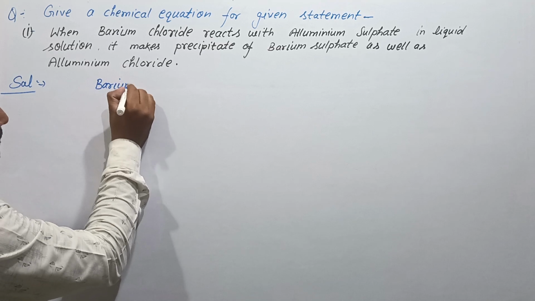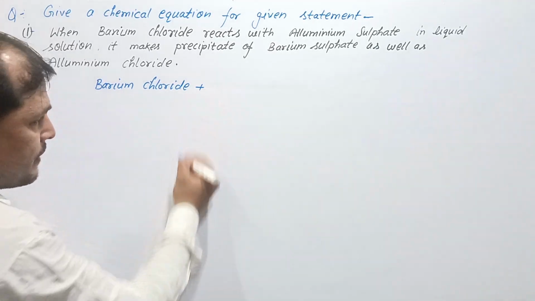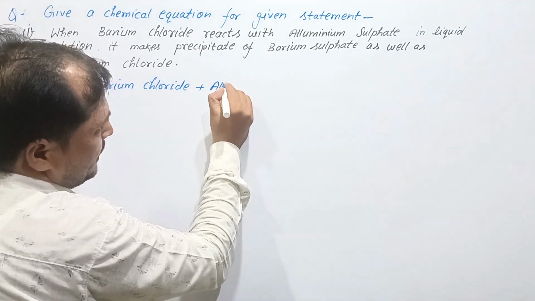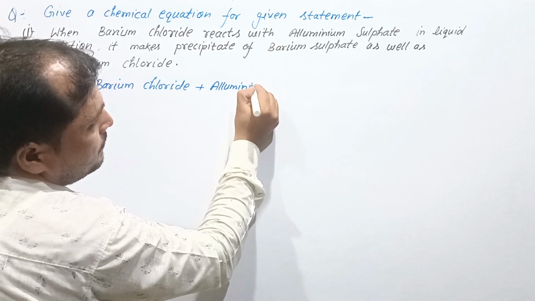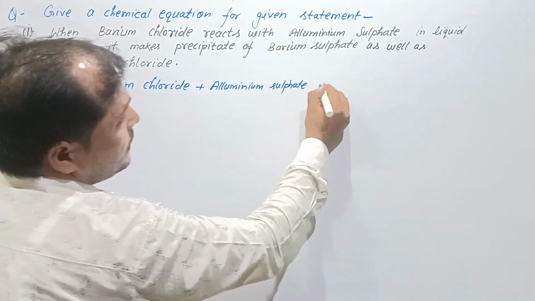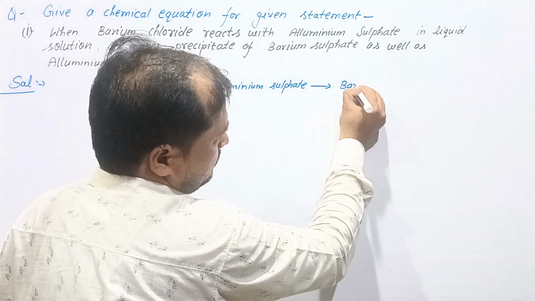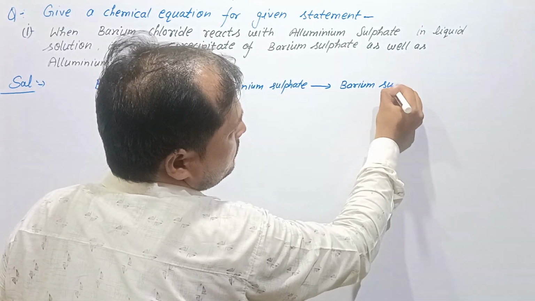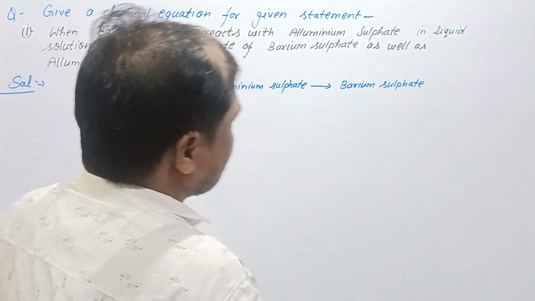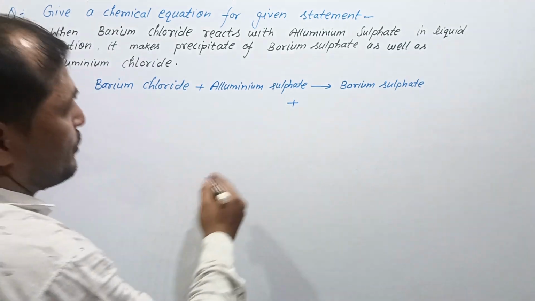barium chloride plus, meaning that barium chloride reacts with aluminum sulfate, gives out barium sulfate plus aluminum chloride.